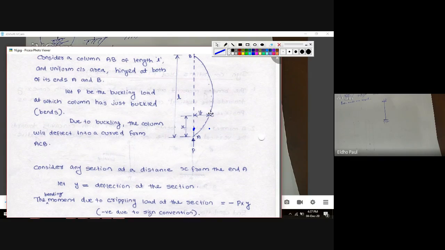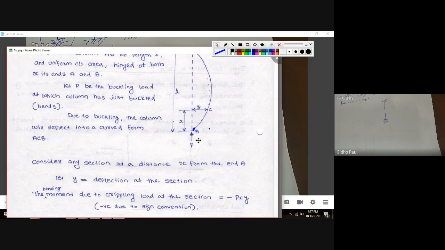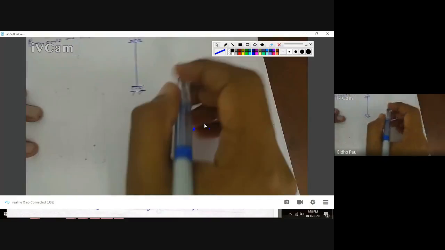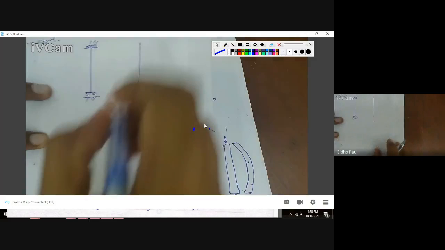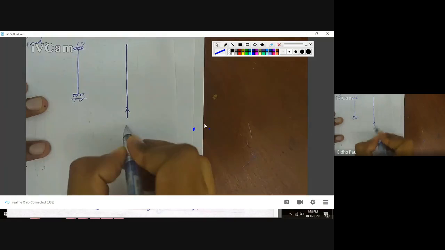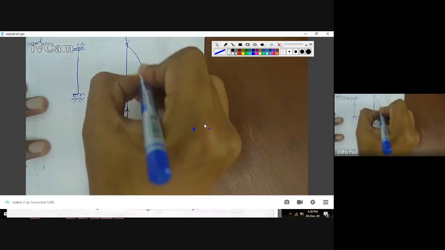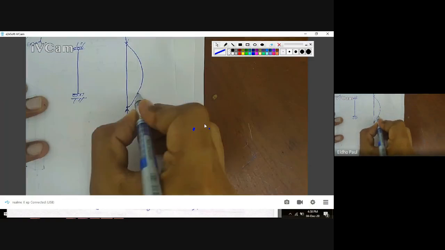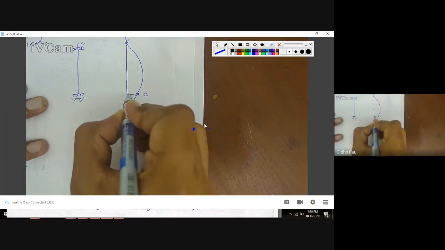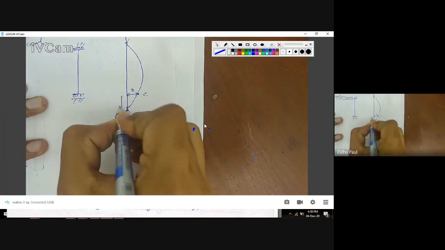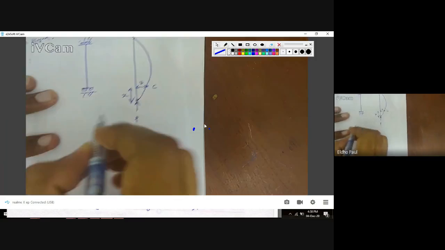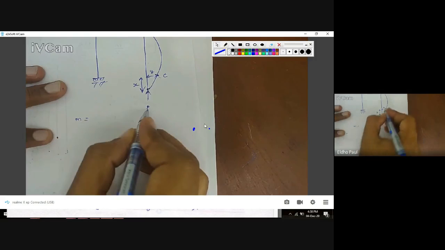So what is the moment of this load P at point C? Here this is my load P, this is my point C, this is the distance Y, and this is equal to X. What is the moment of load P at point C?